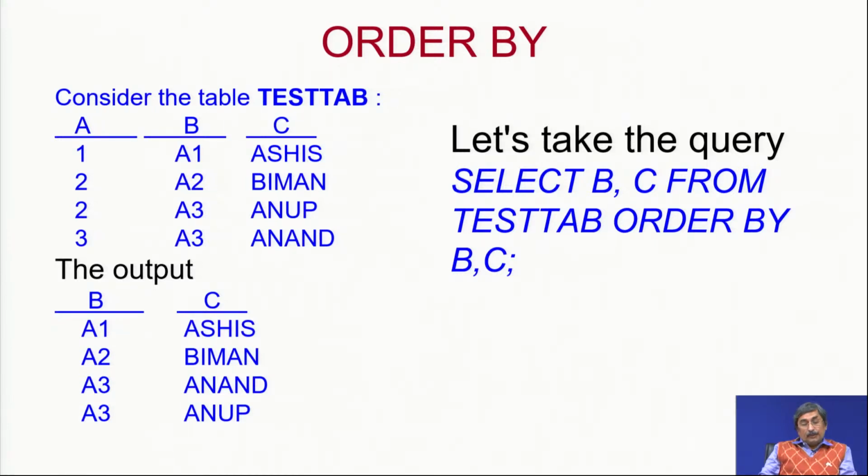So, it is sequential ordering: first you order on B in this example. Once it is ordered on B, then for the same value of B, if there are multiple records, order them in the ascending order of C. That is the way we do it.